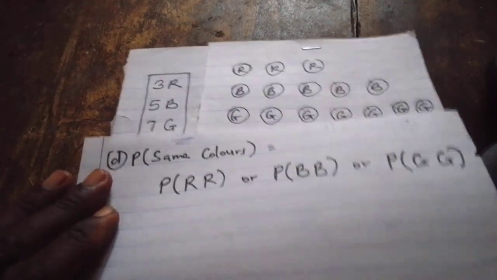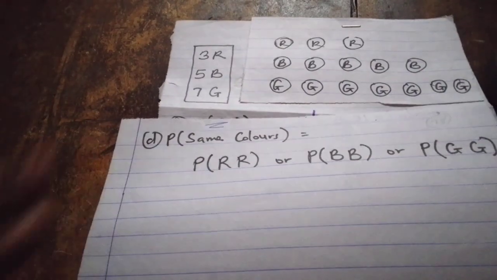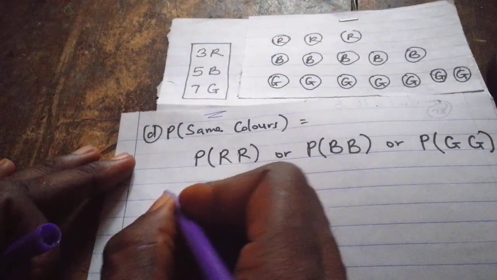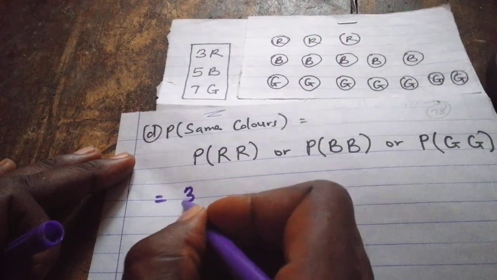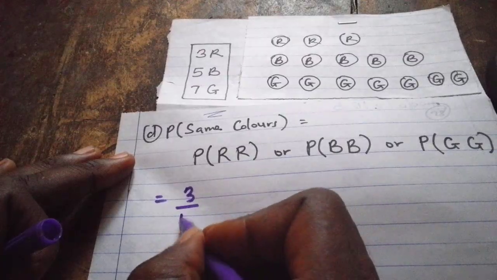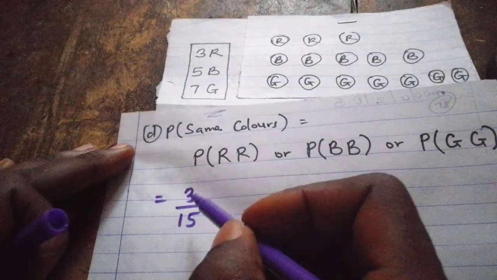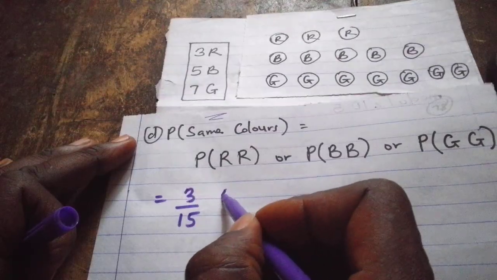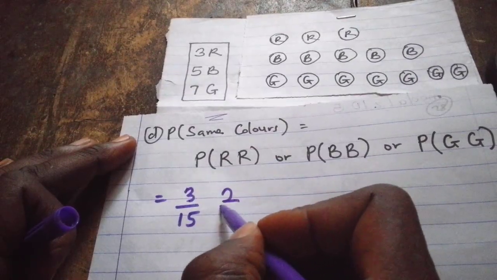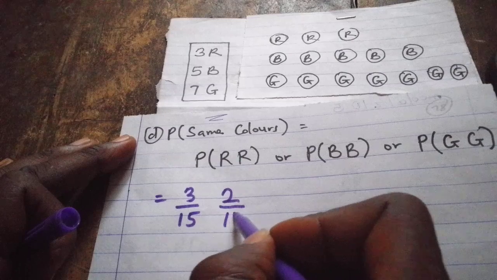So the probability of picking the first one to be red, how many red balls are in the bag? We are having 3 red balls over the total number of 15. By the time we pick the first one to be red, you realize that the remaining red balls there will have to be 2. The total number of balls has reduced to 14.